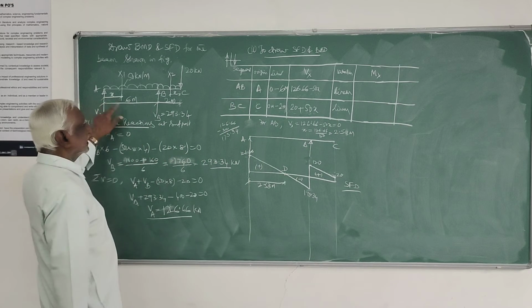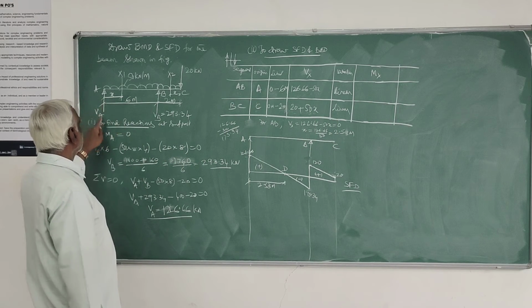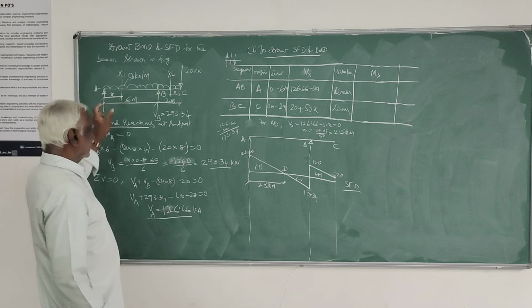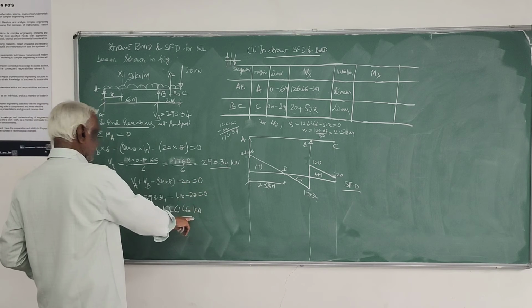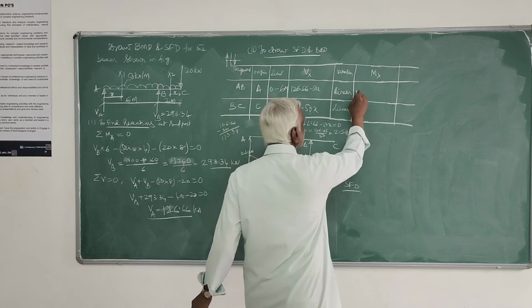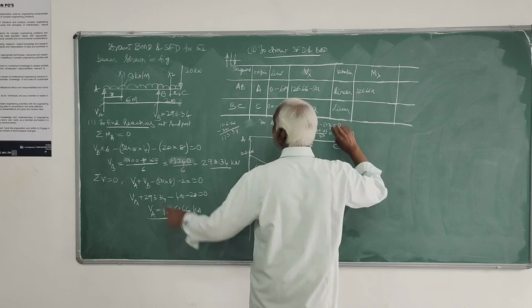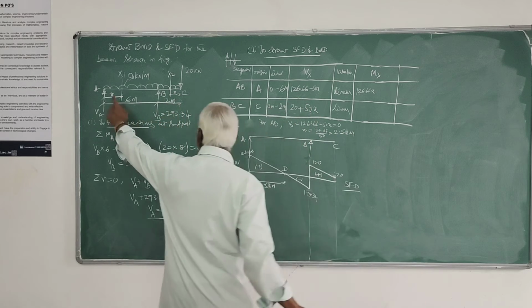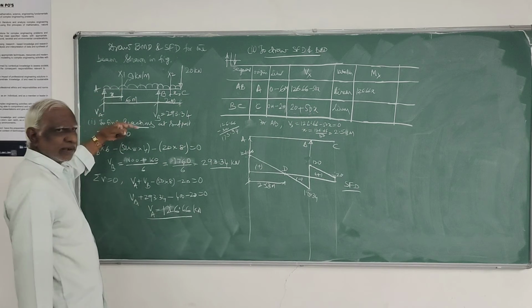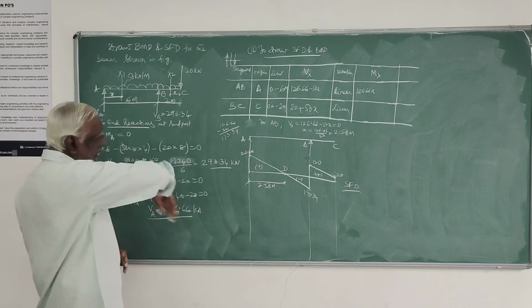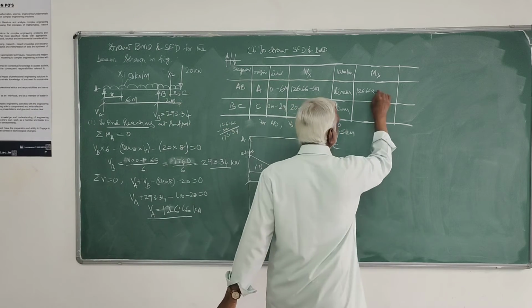Next, for bending moment, lastly, on the same lines. Mx for this portion is VA into x. VA into x means 126.66 into x. Then minus this 50 into x into x by 2, that's 25x square. That's anti-clockwise, minus.